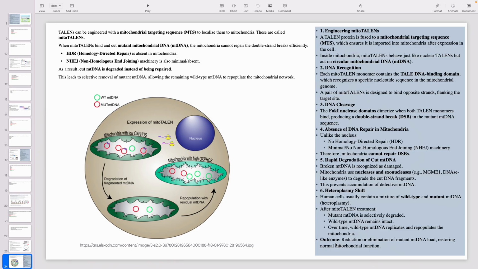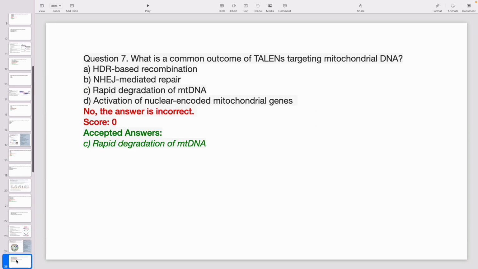So what will be the outcome? The reduction or elimination of mutant mitochondrial DNA load, restoring normal mitochondrial function. So the correct option for this question is option C, rapid degradation of mitochondrial DNA.